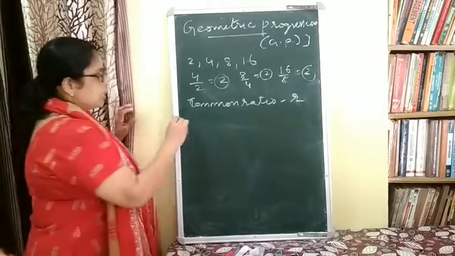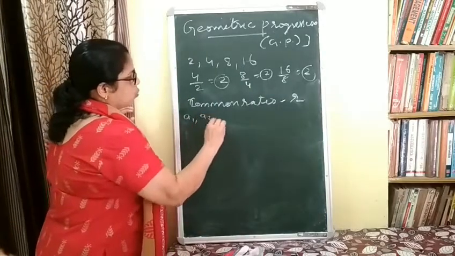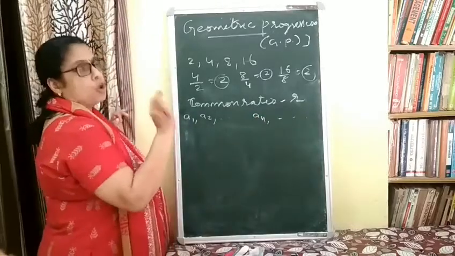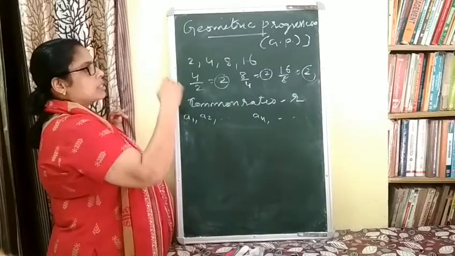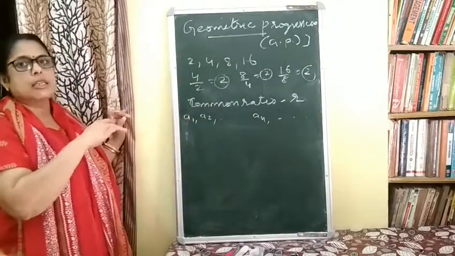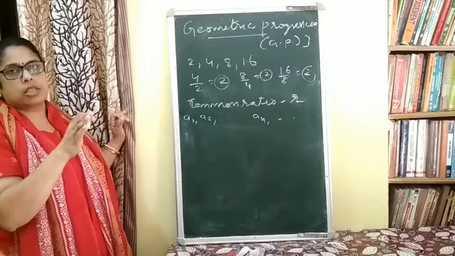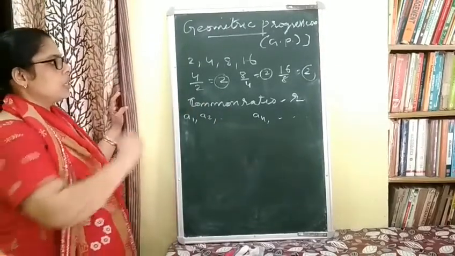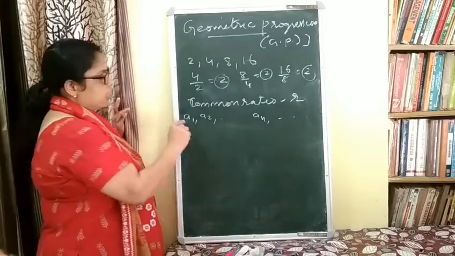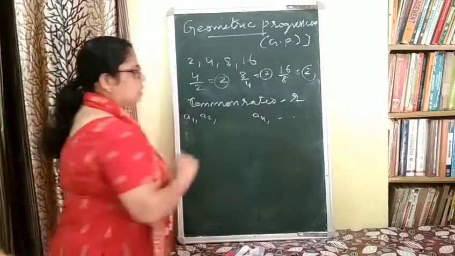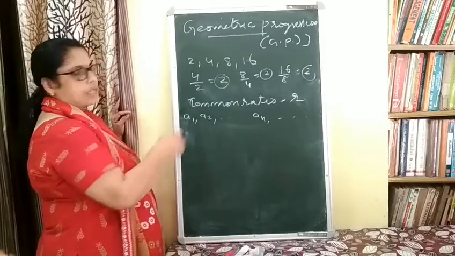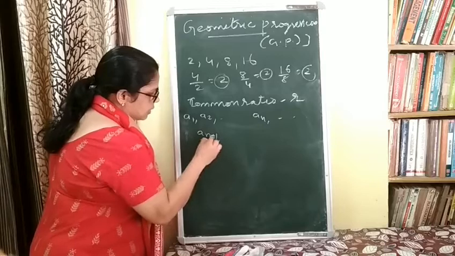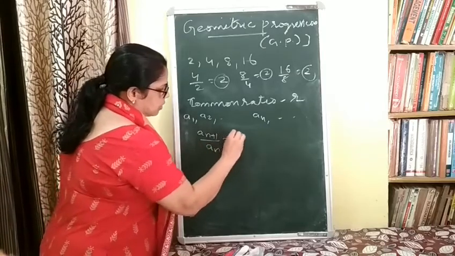That means if a1, a2, etc., an, etc. form a GP, geometric progression means the ratio of the succeeding term to the preceding term should always be constant. That ratio is called the common ratio. If a1, a2, etc., an are the terms of a GP, then a(n plus 1) by an, that is succeeding by preceding, is r.